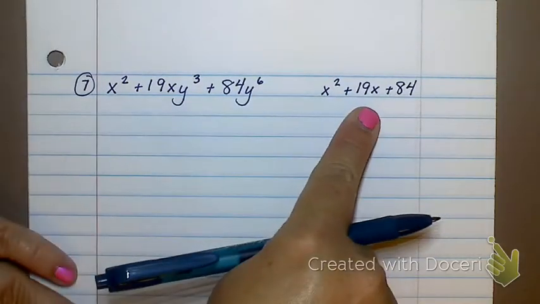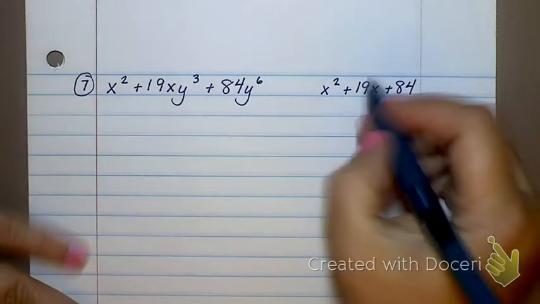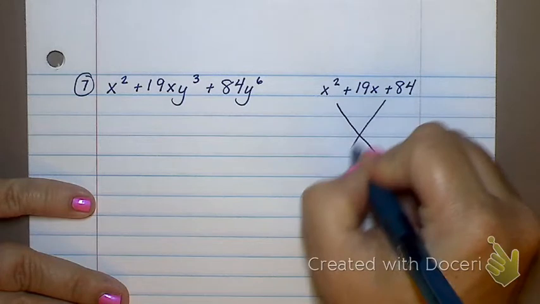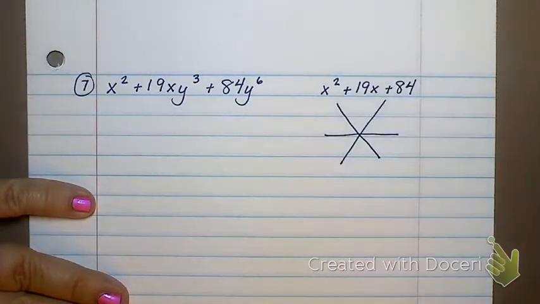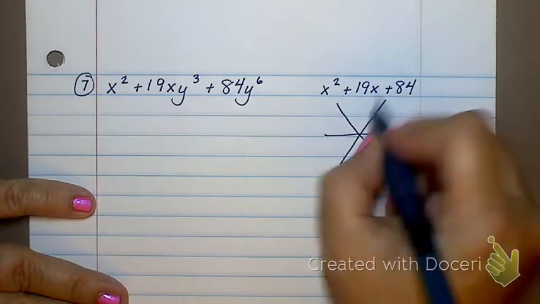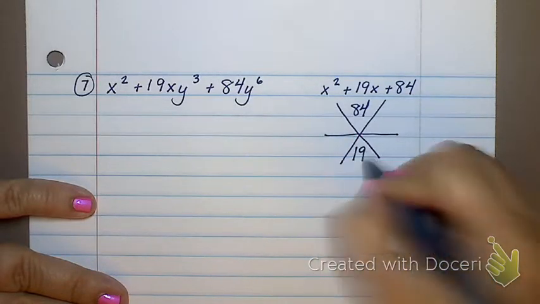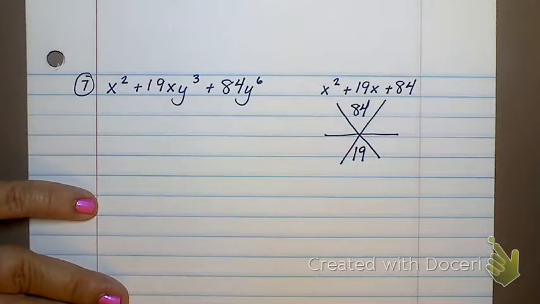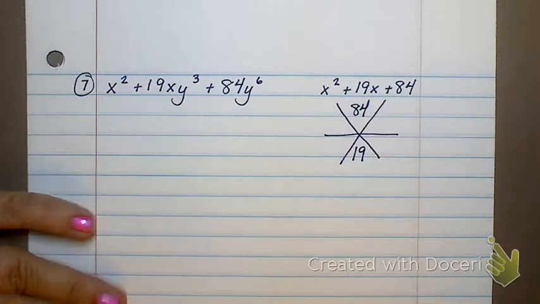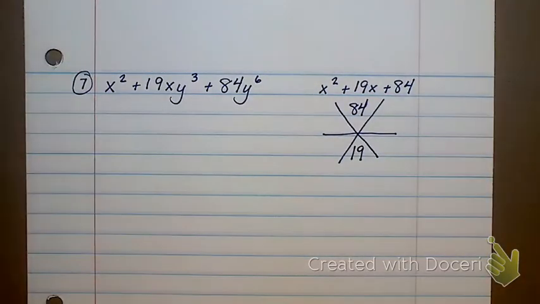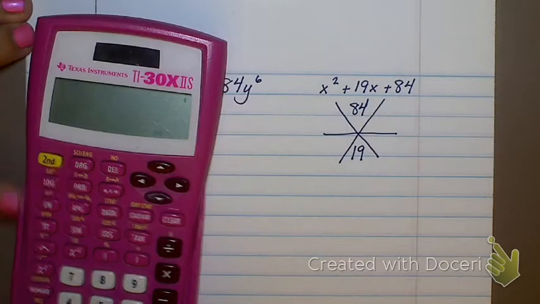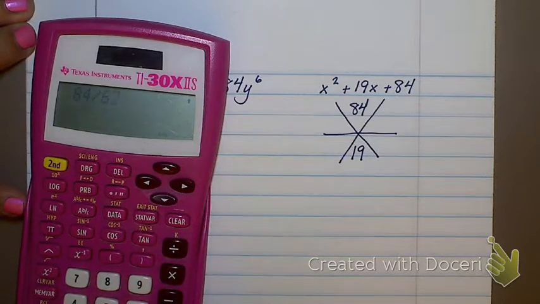That is totally reasonable. If I did my snowflake or my Super X on this, what would go on the top? 84. And on the bottom? So I need 2 numbers that multiply to get 84 and add to get 19. Let's see. 84, 6 and 14, does that work?